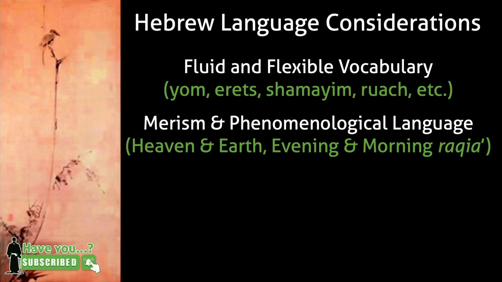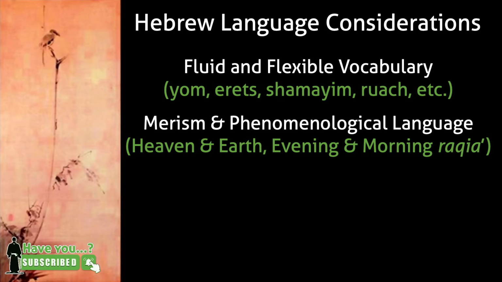It's a shorthand way of saying everything. In modern English, examples of merism would be from A to Z, or from the cradle to the grave. We're talking about the two parts of the extreme, like the cradle where baby is laid, and the grave where you are laid when you die. And that denotes everything in between. It means all of life.